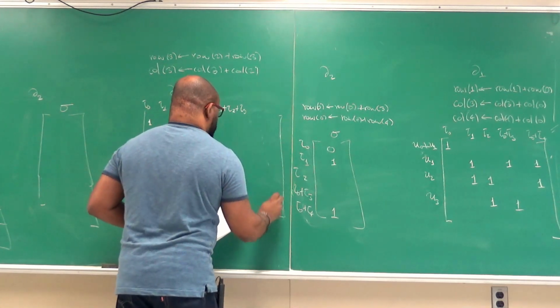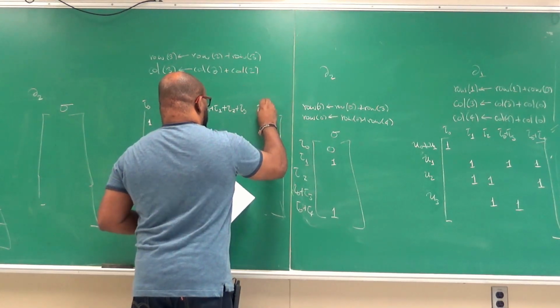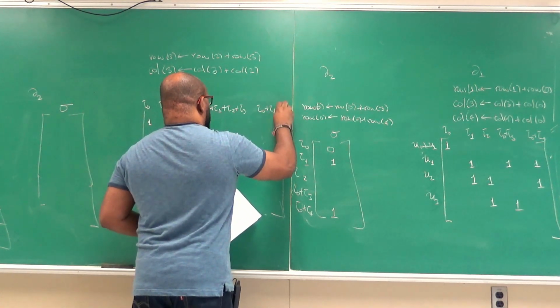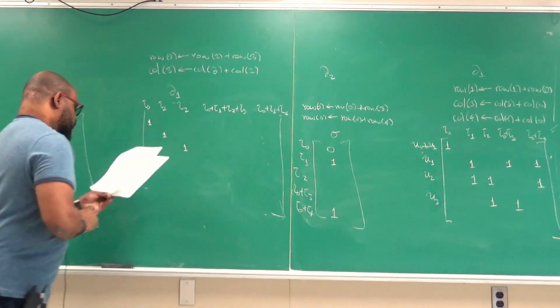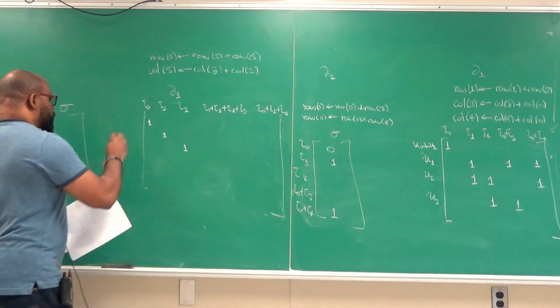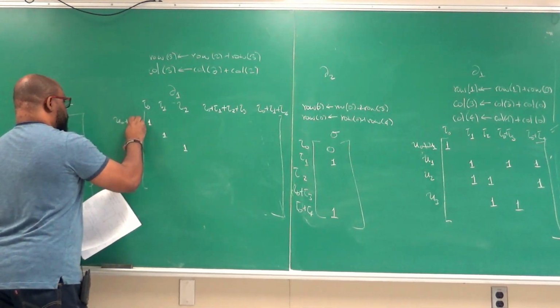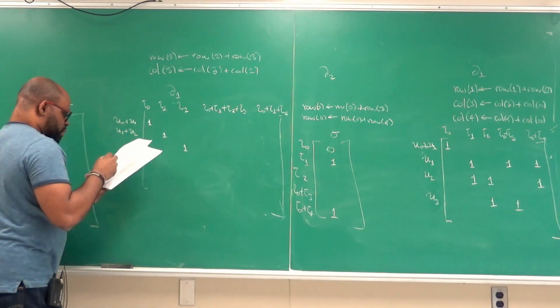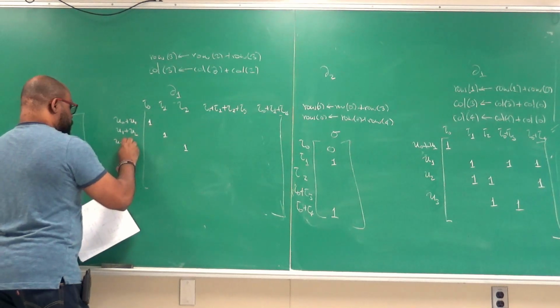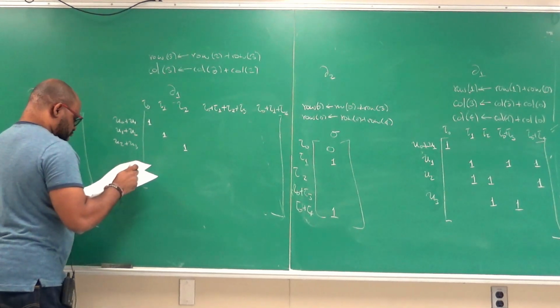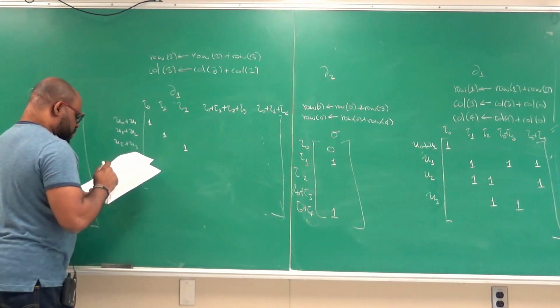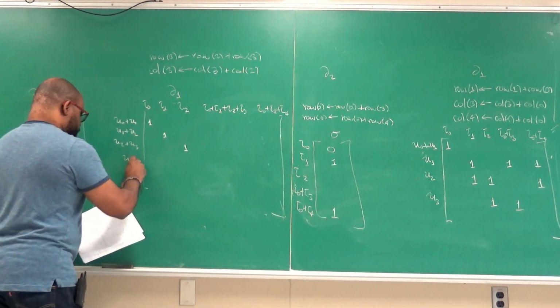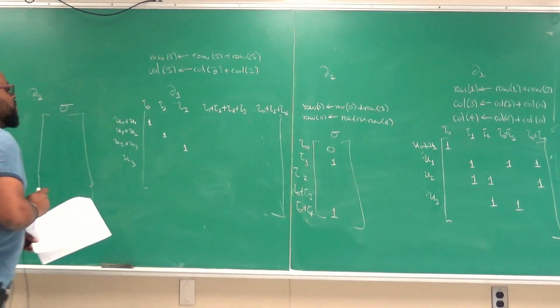And then the last one is going to be tau 0 plus tau 1 plus tau 4. And then across the rows, you're going to have U0 plus U1, U1 plus U2, and then here probably U2 plus U3. And U3 and U4, and yeah, that's it.